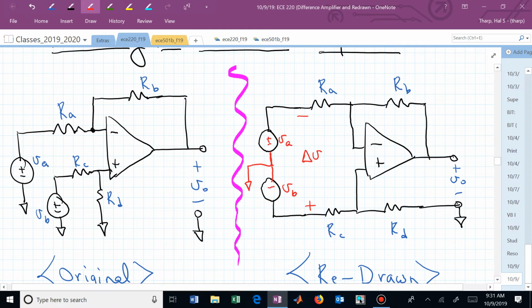being the same. So there's V sub B. And if we wanted to, we could say, what is the KVL if I went around this path?